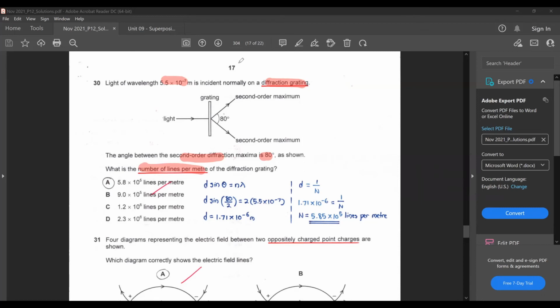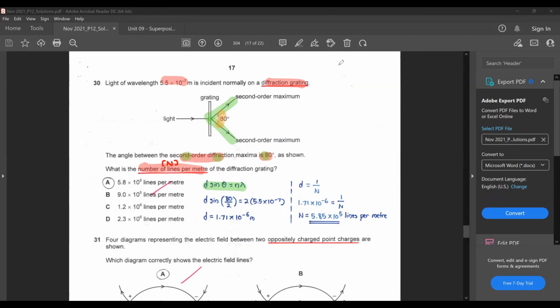This one, they're actually asking you N, not d. We know you're talking about a diffraction grating, so it will always be d sin theta = n lambda. They tell you the angle between the second order diffraction maxima is 80 degrees.